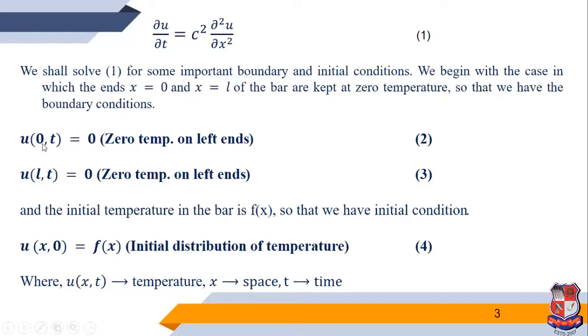When x is 0, that means the left end of the rod, temperature is 0, that means u(0,t) is equal to 0, and at the right end when x is equal to L, u(L,t) is also 0. And the initial temperature in the bar we consider as the function f(x), therefore u(x,0) is equal to f(x). Again, u(x,t) indicates the temperature at time t and space x. So x is space and t is time.